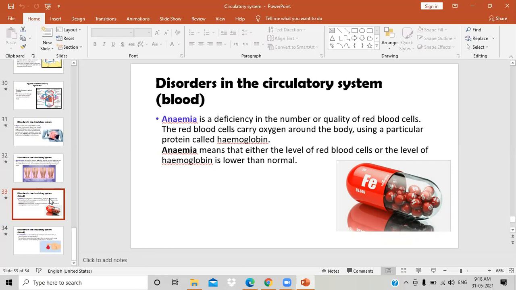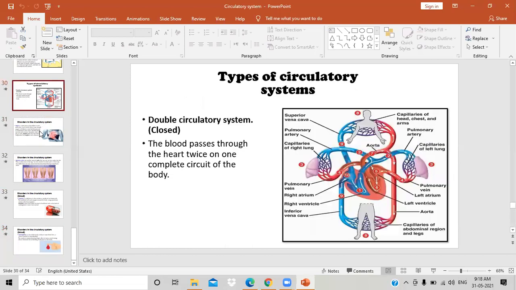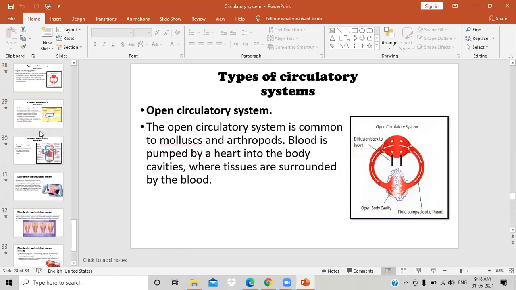Sometimes the red blood cells are not the correct size or the correct shape. And the last one is hemophilia, which is the body's inability to make blood clots and stop the bleeding of any injury. Okay, so this is it. These are the disorders of the circulatory system.